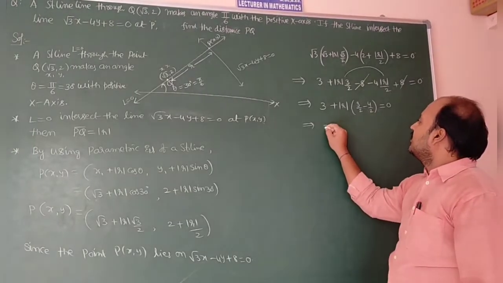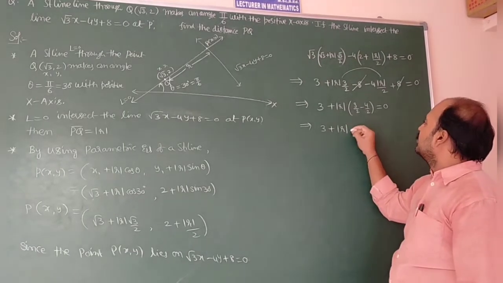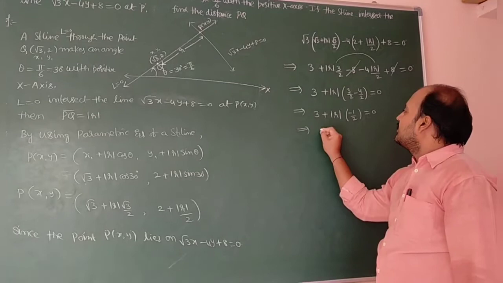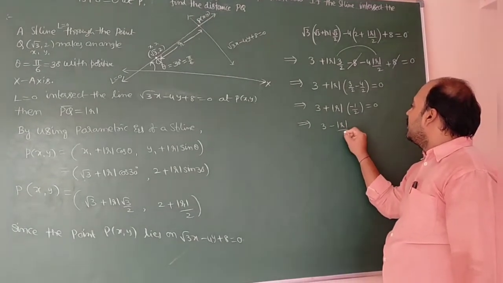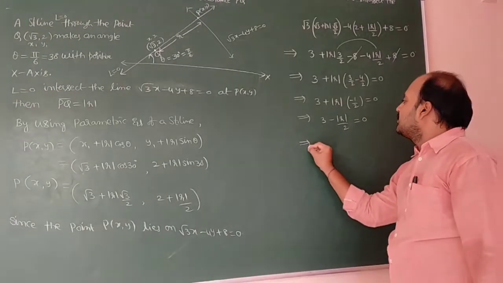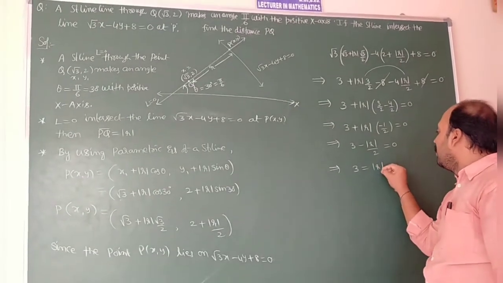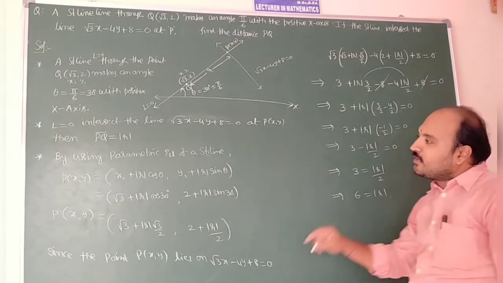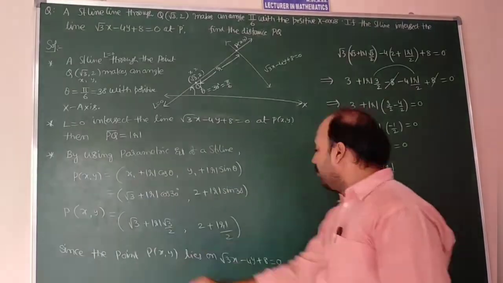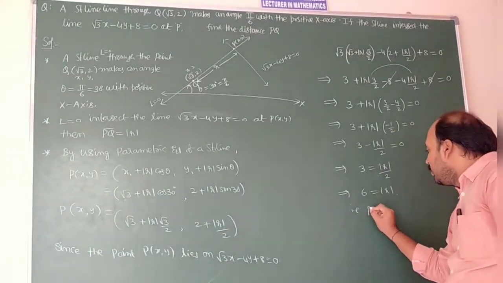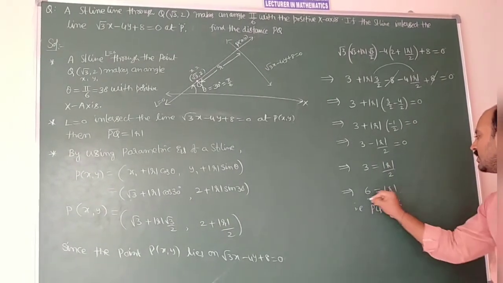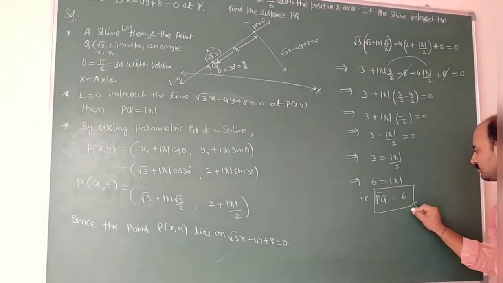That implies 3 plus mod r into minus 1 by 2 is equal to 0. That implies 3 minus mod r divided by 2 equal to 0. That implies 3 equal to mod r by 2. Cross multiply, 6 is equal to mod r. Mod r represents what? Distance between P and Q. That is, PQ, the distance between point P and point Q, is equal to 6 units.